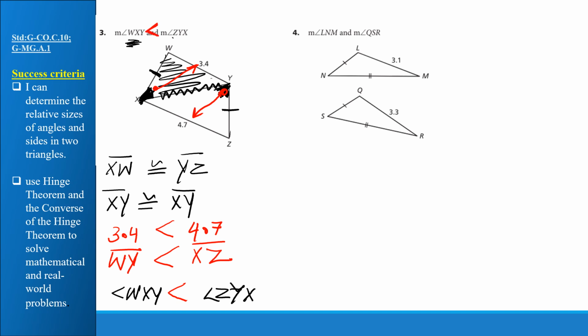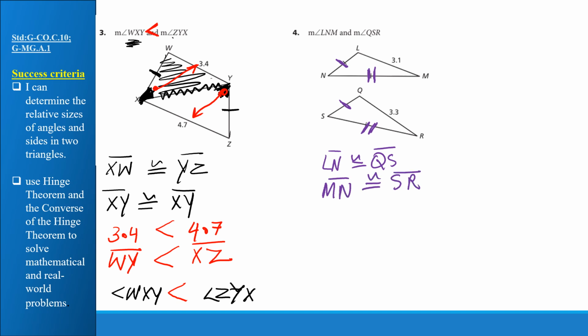Let's try another question. LMN. So LN is congruent to QS. We will write LN is congruent to QS. The other side, MN, is congruent to SR. So MN and SR are congruent.